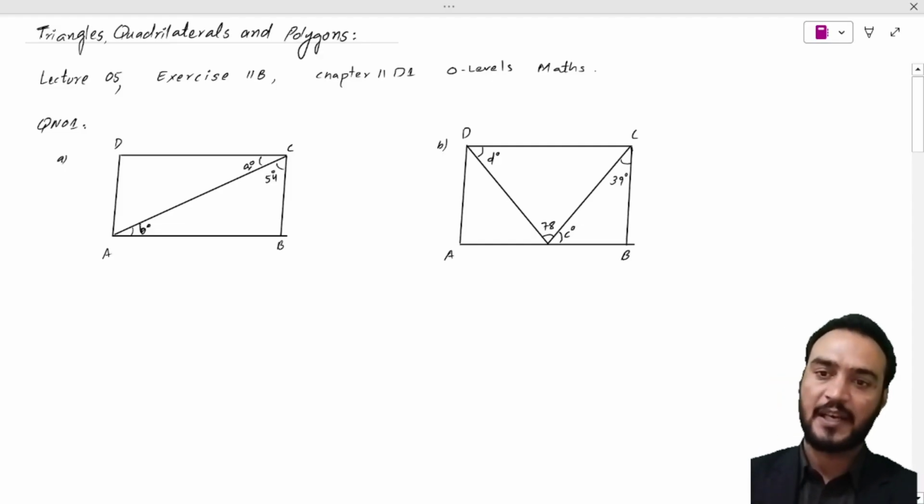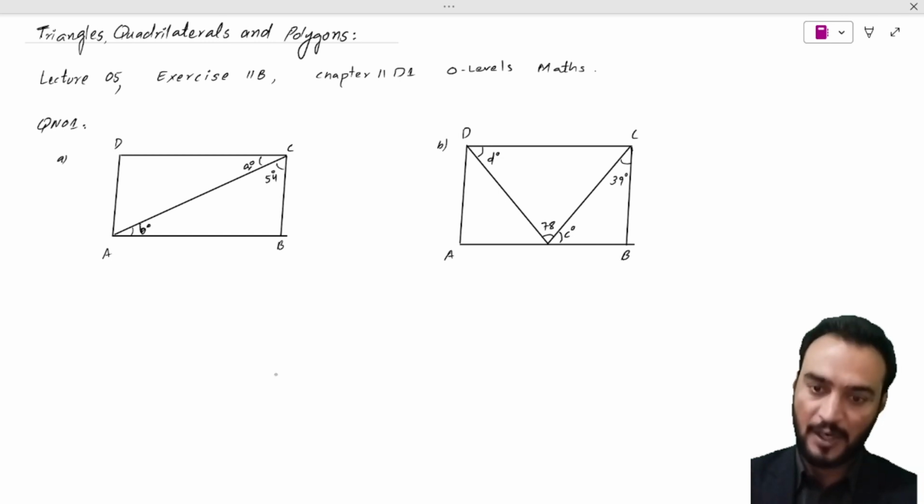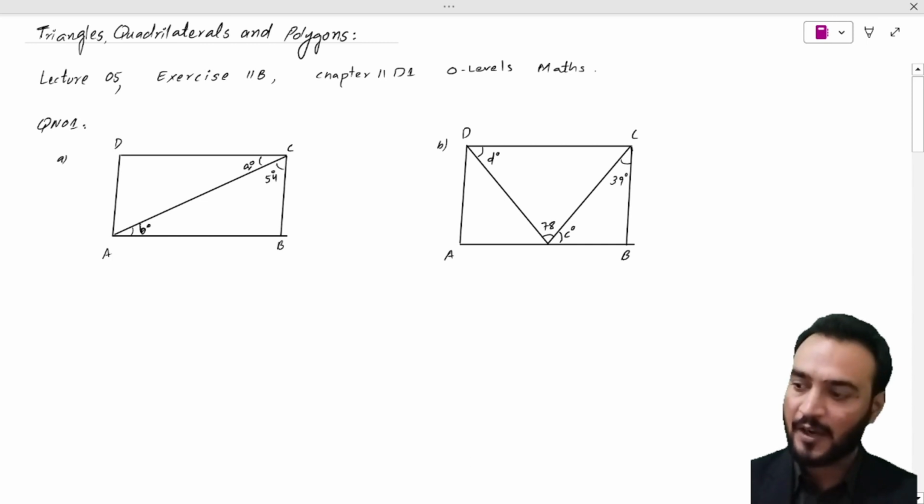So this is question A, and we have to just find the value of unknowns. The first value is A degree. We have to find the value of A degree, and its adjacent angle is 54 degrees. As you know that all the interior angles of a rectangle are 90 degrees or right angles.